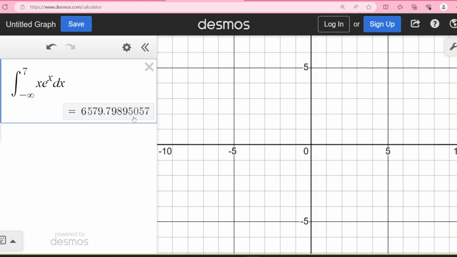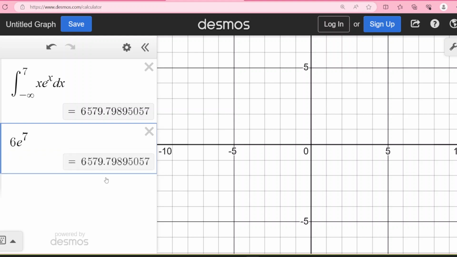And we're seeing that it doesn't say undefined or anything like that. It actually has a value. Looks like it converges. And this should be what we stated was 6 times e to the 7th power. And look at that, they are the same value. Now the problem with this is if it comes back undefined, you've got to be careful because it might still converge.